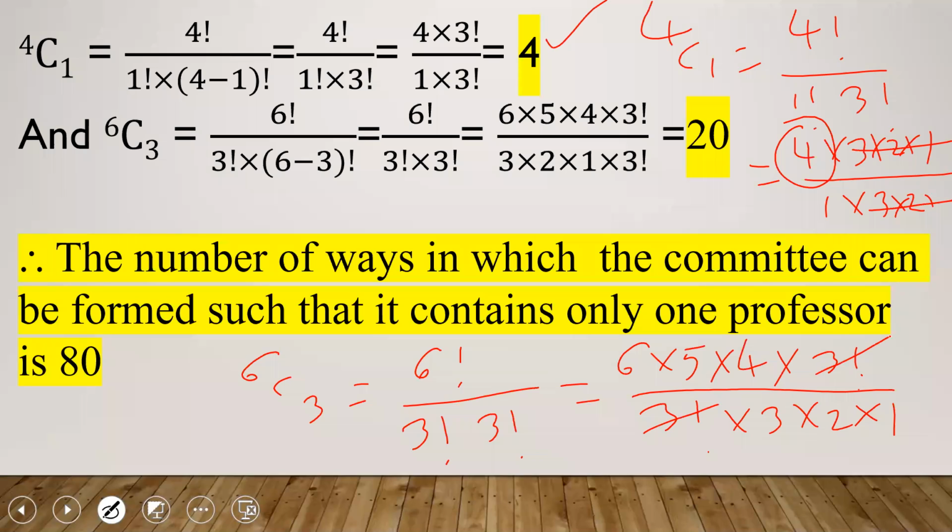Now this and this will get cancelled. 3 into 2 is 6, this 6 will get cancelled with this. So I will be left with 5 into 4, that is 20.